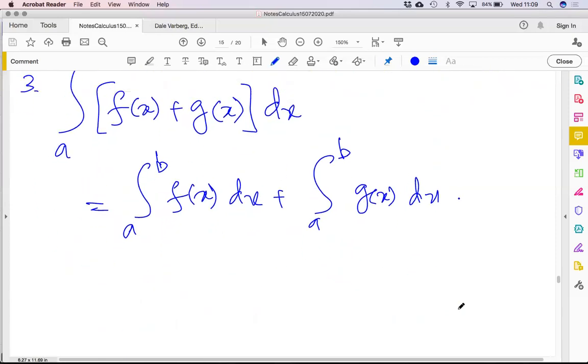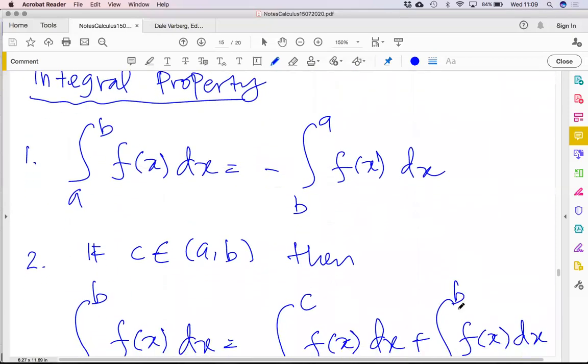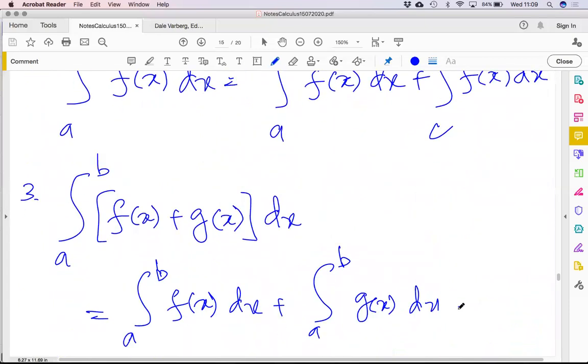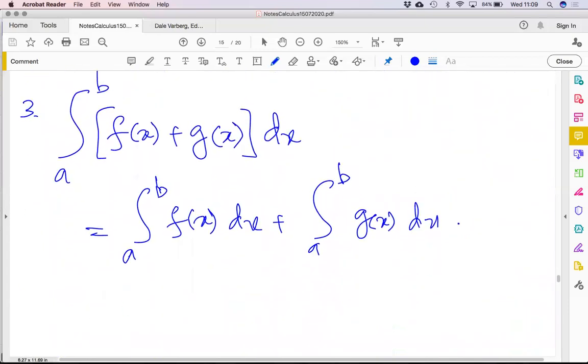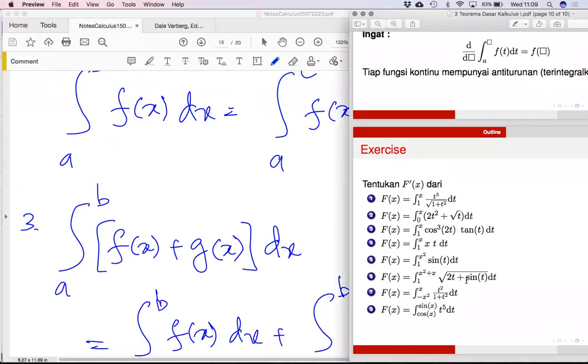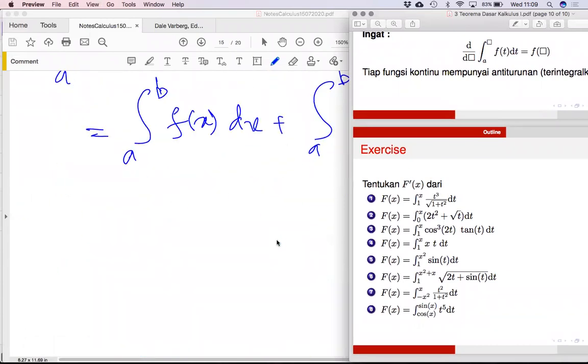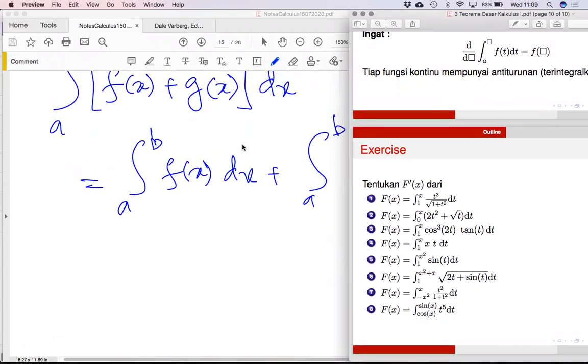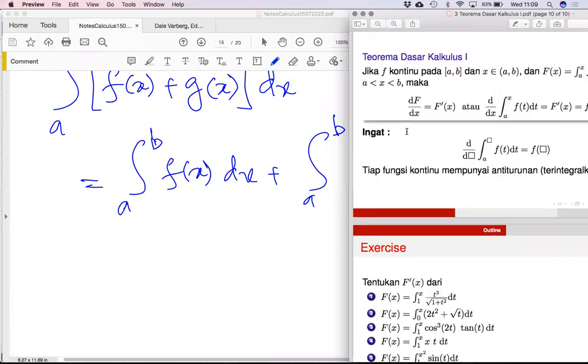Okay, so there are three important properties of integrals. In a definite integral, you can apply these properties to calculate the next exercises. Okay, that's it for the first fundamental theorem of calculus.